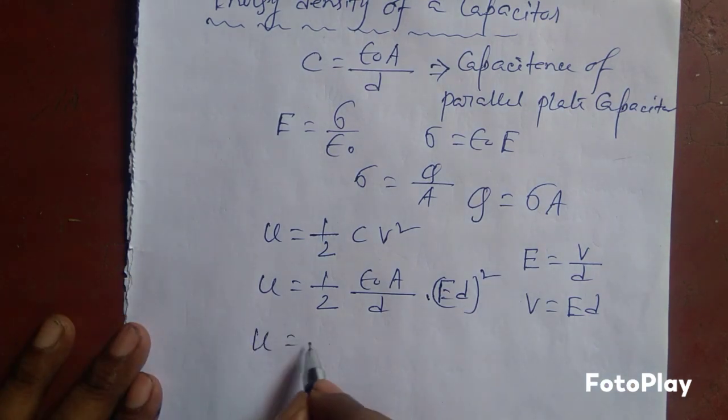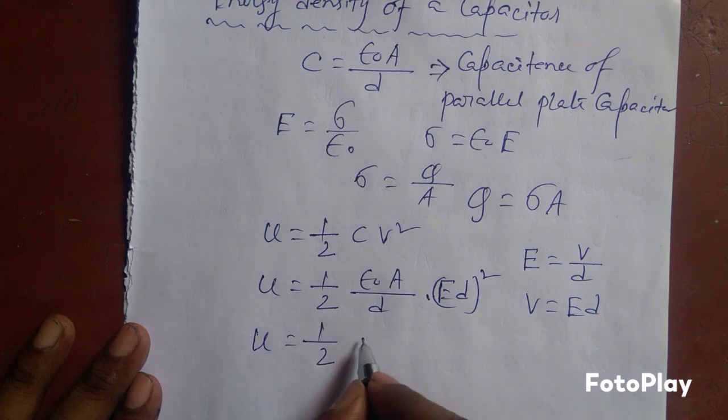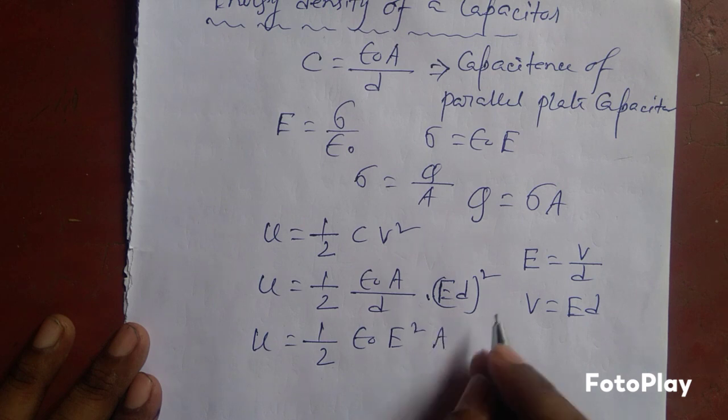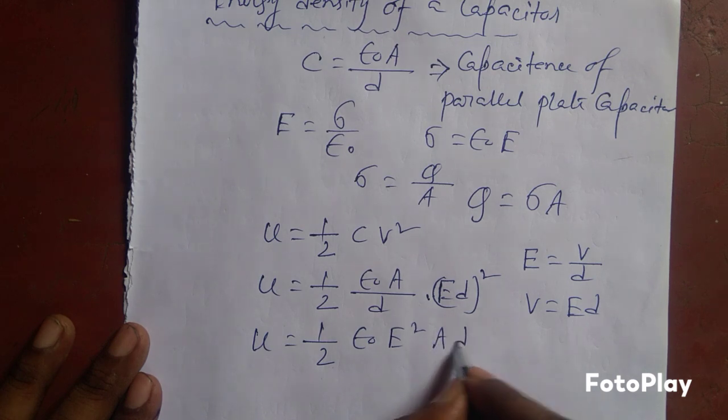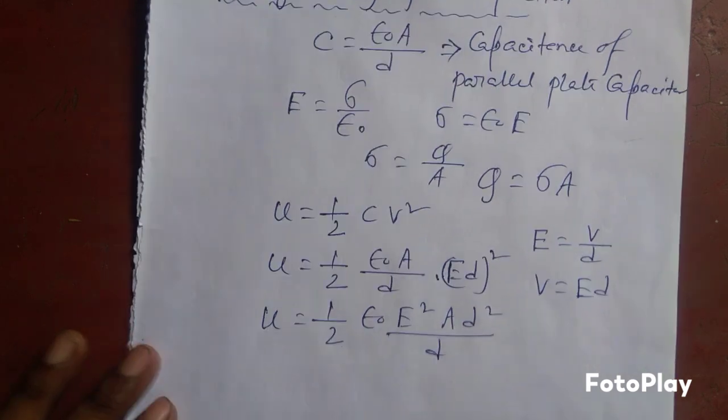So U equals half epsilon 0 E square A D square by D.